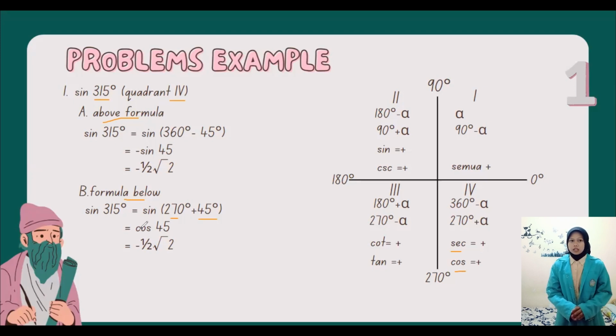So sin 270 plus 45 equal to cos 45. Cos 45 is a half square root 2, but sin 315 is in quadrant 4, so the value is minus a half square root 2.